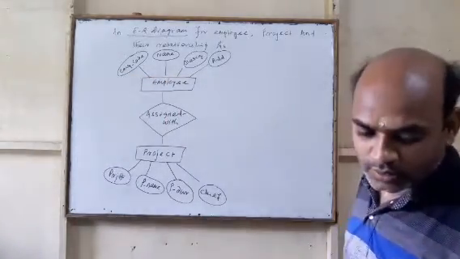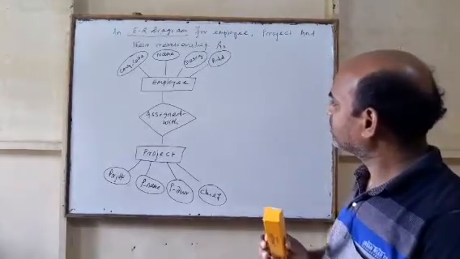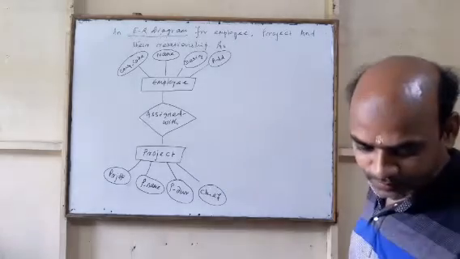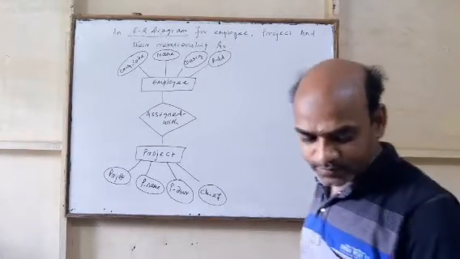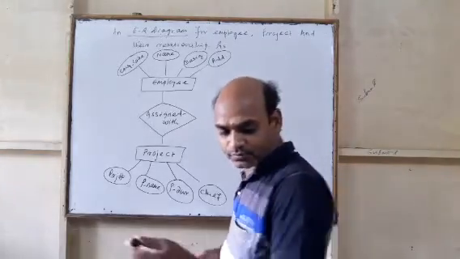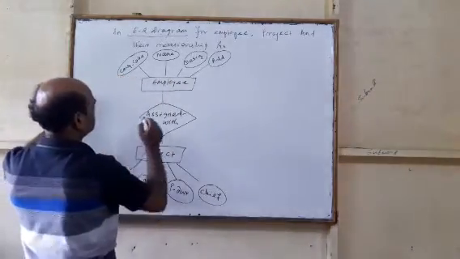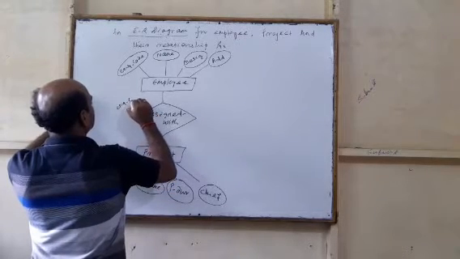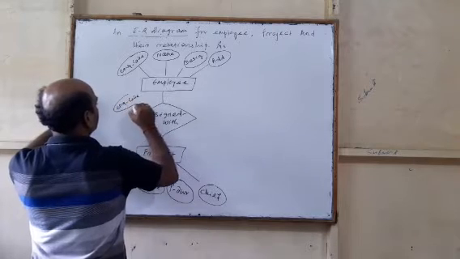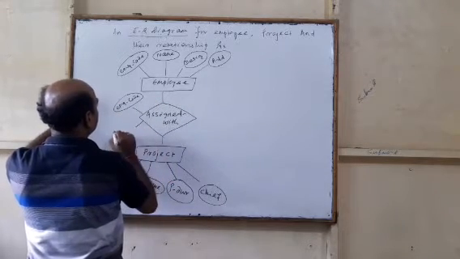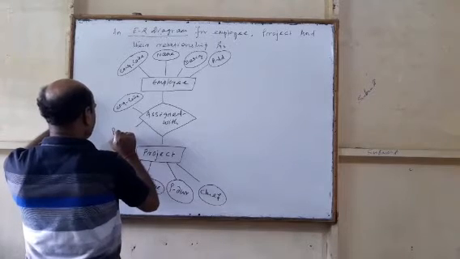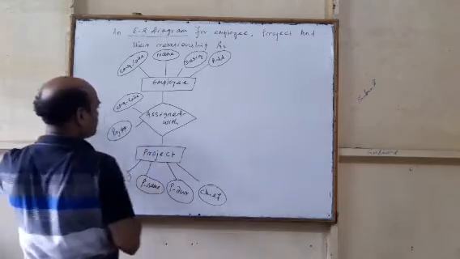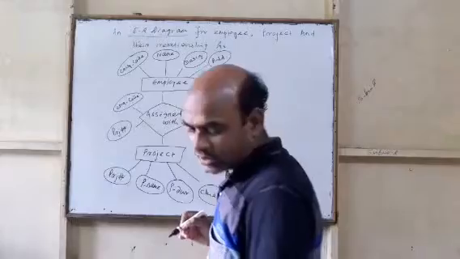Employee code, name, designation, address, then project code, project name, project duration and chief. Then assigned with: project code, employee code, starting date and completion date.